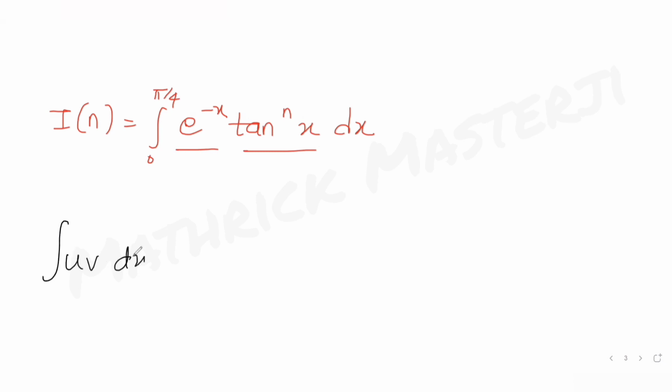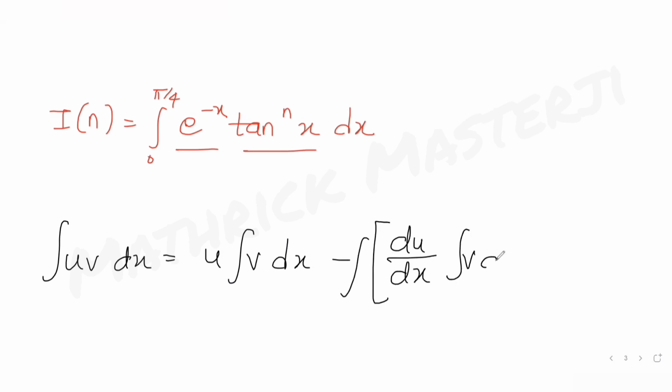So I n is the integral from 0 to pi by 4 of e raised to minus x and tan x to the power n dx. I have the product of two functions here. So if I use the idea of the integral of u v dx, I can write that as u times the integral of v dx minus the integral of the derivative of u times the integral of v dx.